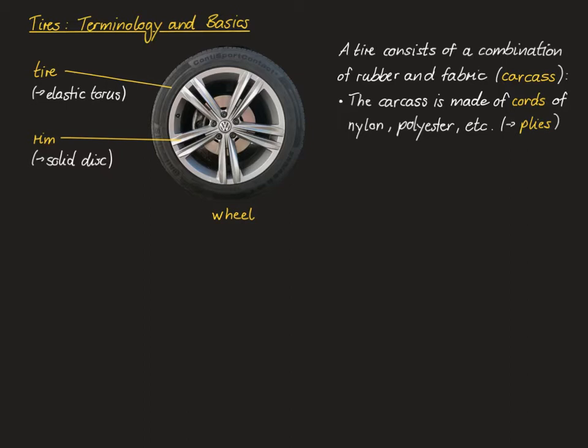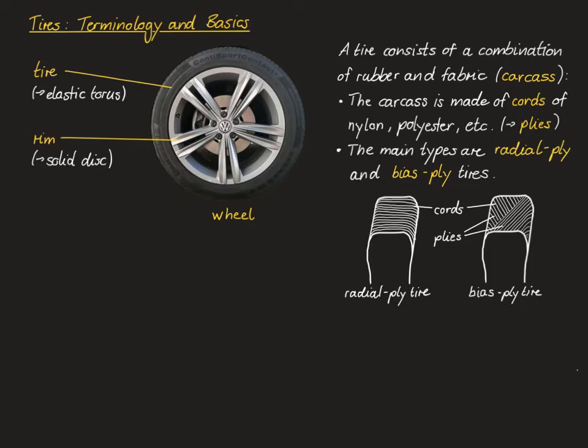The cords are arranged in usually two or more layers, which are also called plies in tire jargon. The two main construction types are radial ply and bias ply tires. The two types are best explained by looking at a cross-section of a tire, which is shown down here.